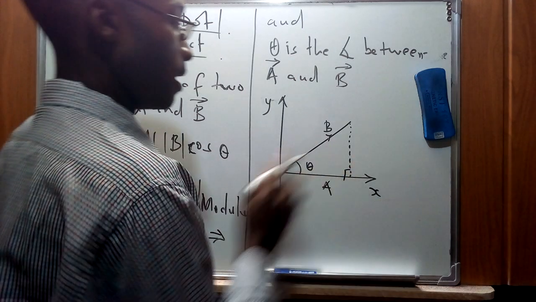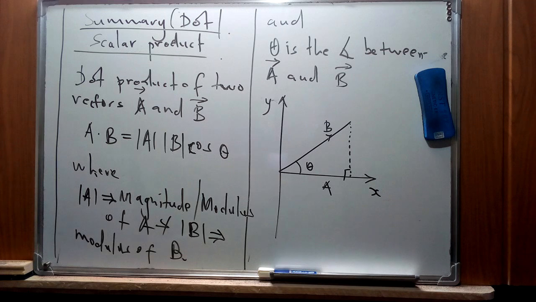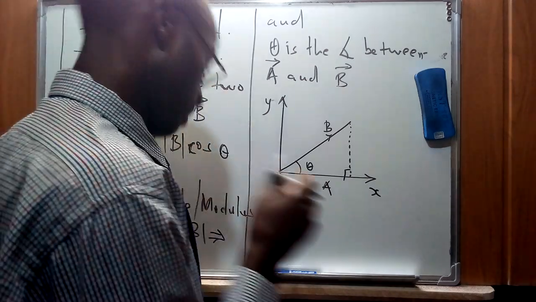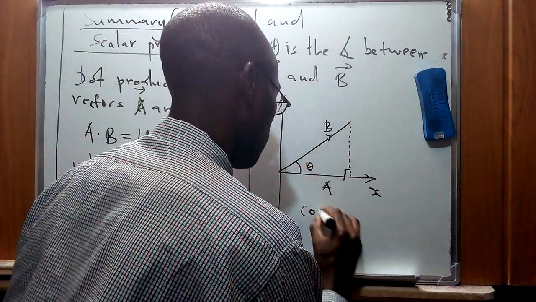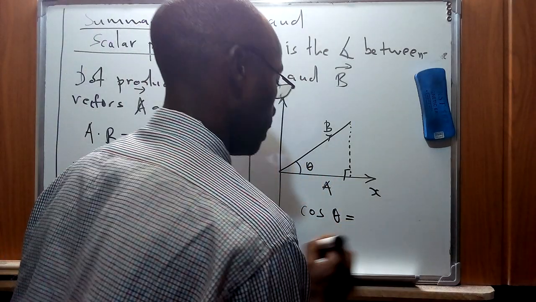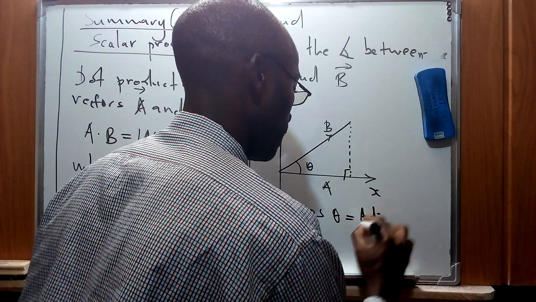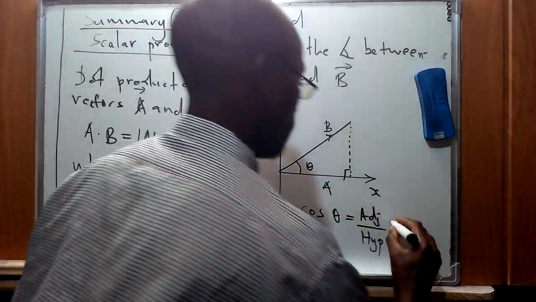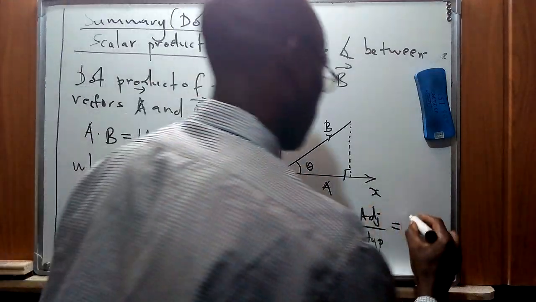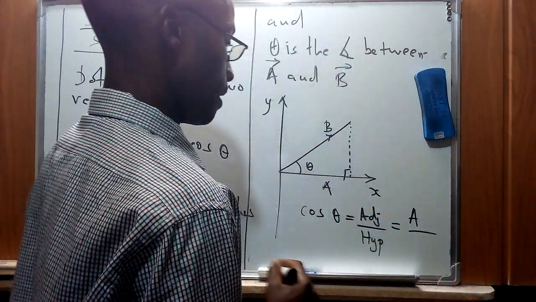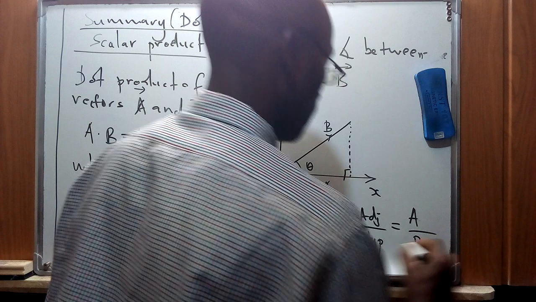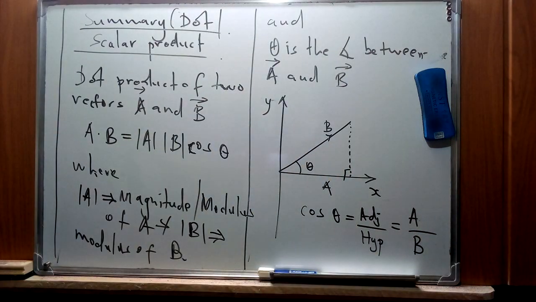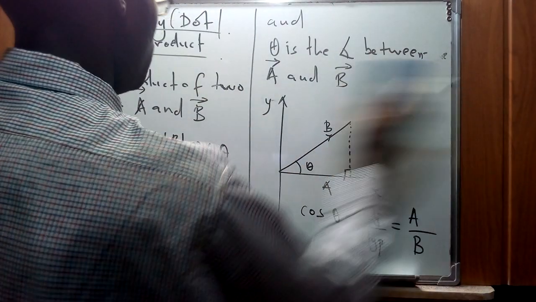Now this is specific, and at this point it is 90 degrees. So therefore, we can illustrate that the cosine of theta equals adjacent over the hypotenuse, which we have written as A over B. So that's how we can define the cosine of theta.